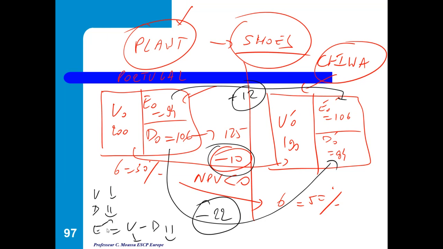Because what you do by doing that is transfer so much risk to debt holders that equity holders benefit from it. So despite the fact that you lose firm value, you destroy so much value for debt holders that you increase the value for equity holders.